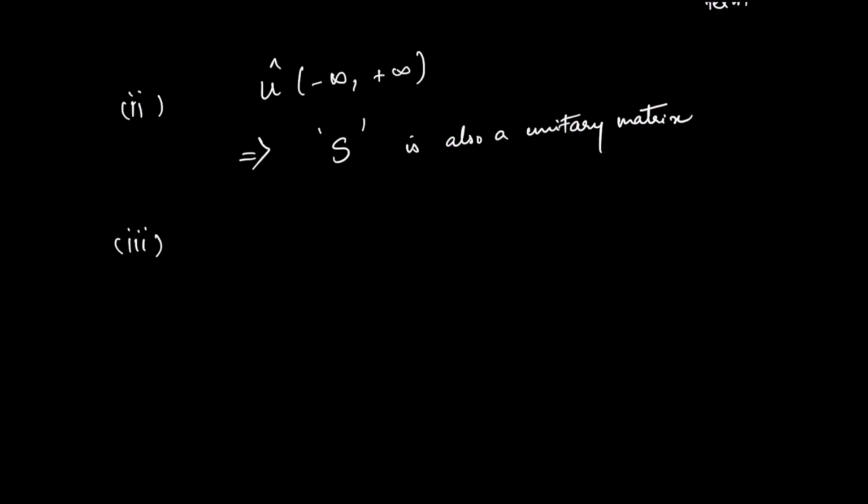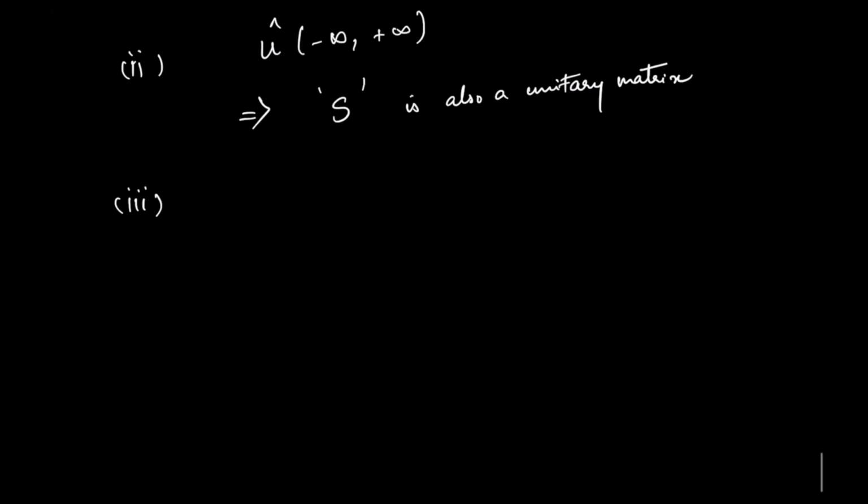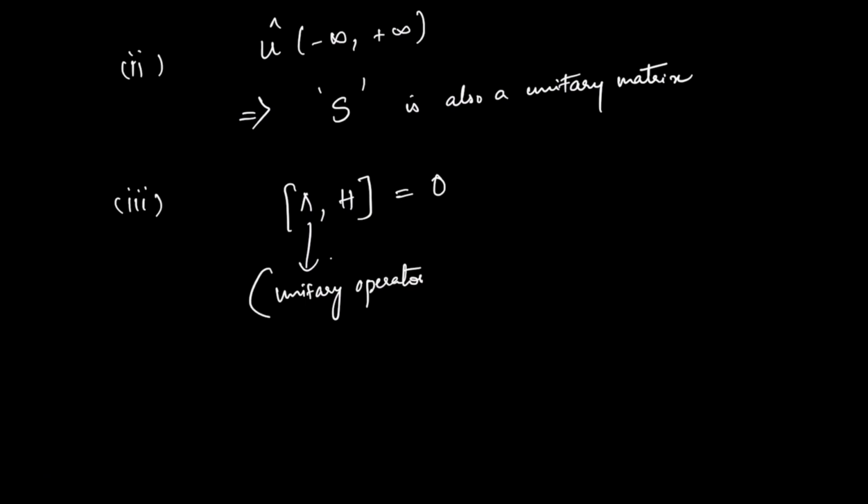Now the third property. For any symmetry of the Hamiltonian, if you have any unitary operator that commutes with the Hamiltonian, for example, let lambda be a unitary operator and it commutes with the Hamiltonian, then the interactions are generated by the unitary operators.